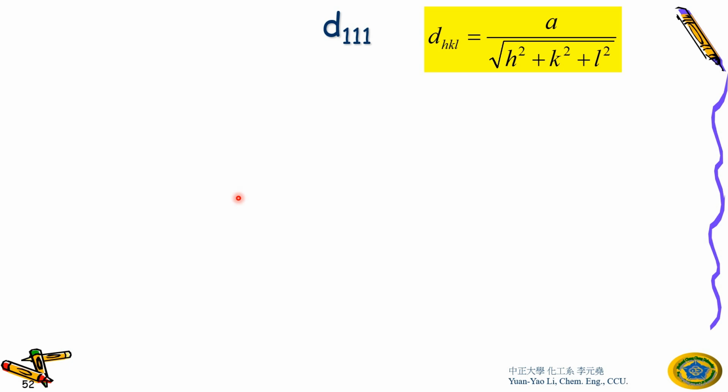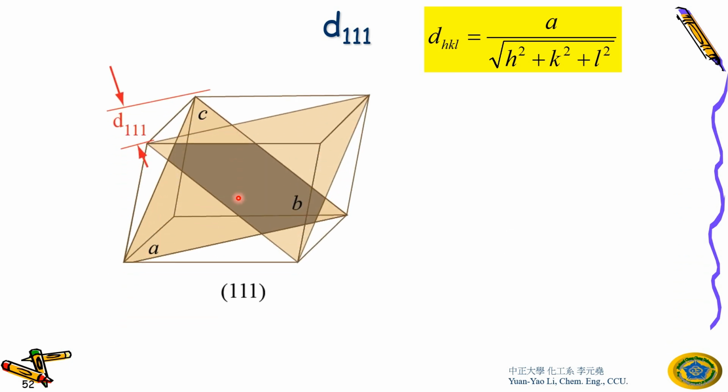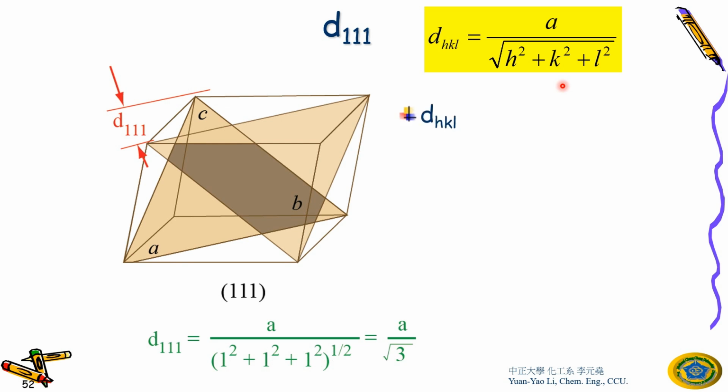So how about D111 interplanar spacing? For D111, you just put a number here, right? So that will be A divided by √3. Okay. So according to this equation, you will understand if the HKL increase, and of course A is a constant, right?